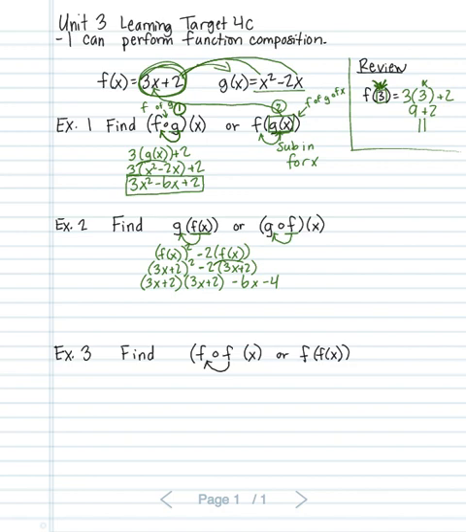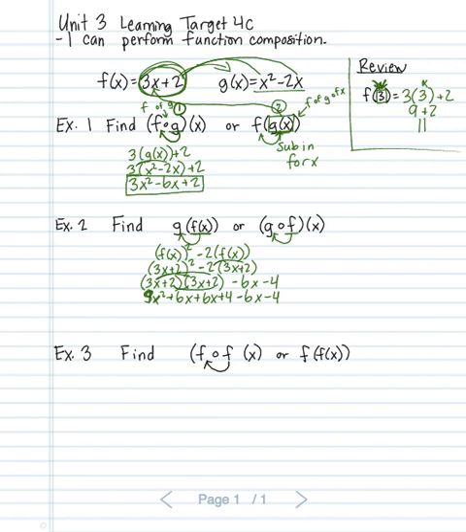So the first two would give us 9x squared. 3x and 2 give us 6x. 2 and 3x give us 6x. 2 and 2 give us 4. Then we just bring down our minus 6x minus 4.